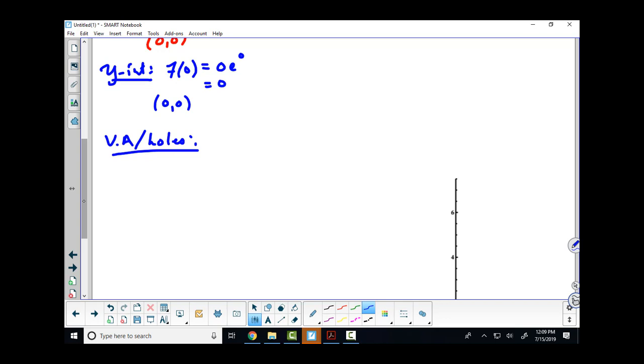This is definitely a phrase worthy of a flashcard, right? Vertical asymptotes and holes arise from the exclusions in the domain. There's none. So where are vertical asymptotes and holes? There are none.